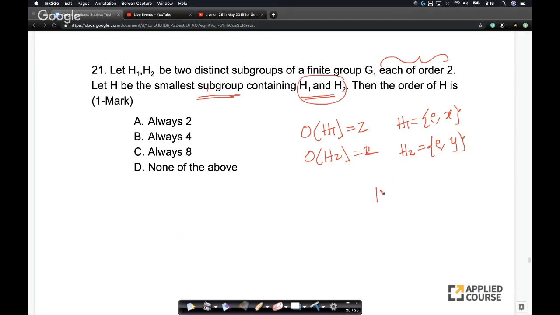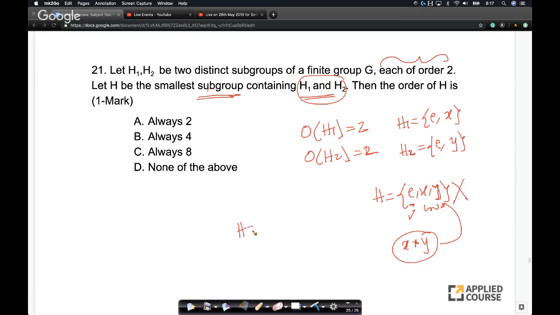So let's try to construct a group which consists of E, X, and Y. Now the problem here is E is okay, because E times X is X, E times Y is Y. What about X times Y? X times Y may not even belong to this set. That's why we said the union of two groups need not be a group. We saw this example, right? So this may not be a group.